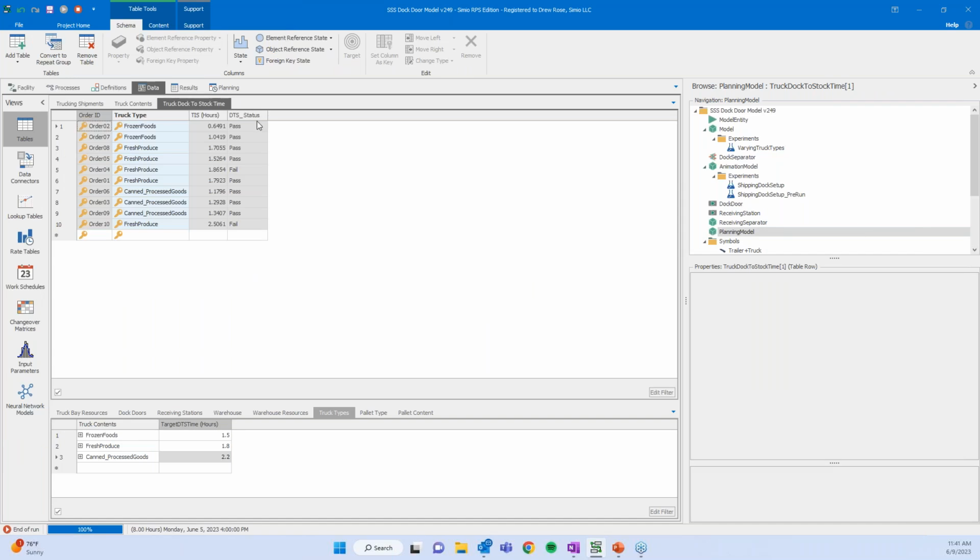We now see that we pick different orders. Now all of our frozen foods go first, then our fresh produce, and then our canned processed goods all get through. Maybe for some reason the 10th order took a while to get onto the shelves. But with this procedural change, our pass rate went up from 60% to 80% by just prioritizing our perishable items for selection.